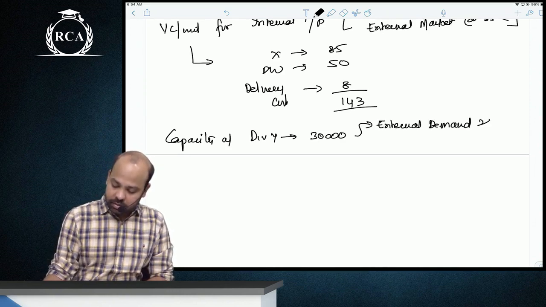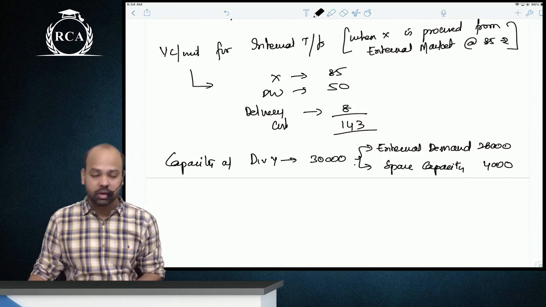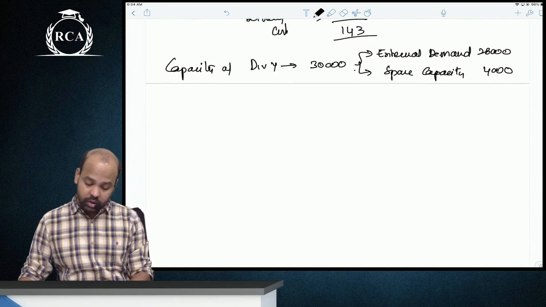And then there's a spare capacity of 4,000 units. Out of this there's an external demand of 26,000 units and the spare capacity is 4,000 units. Understood sir?